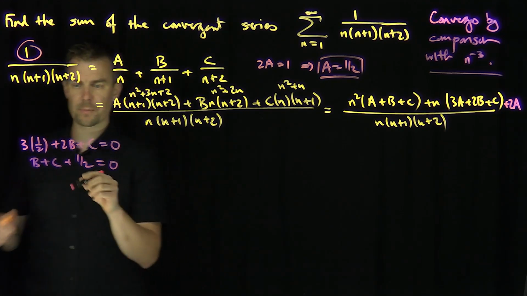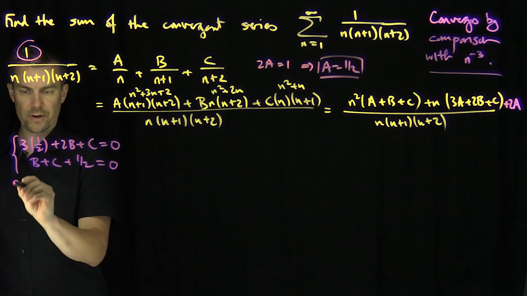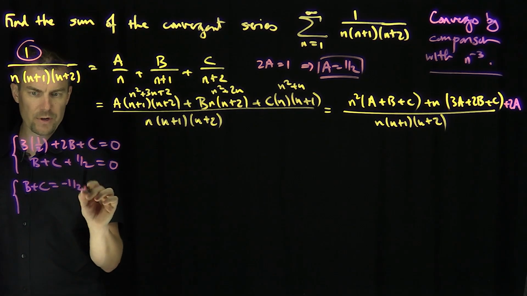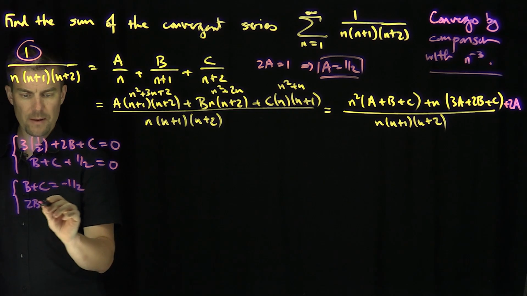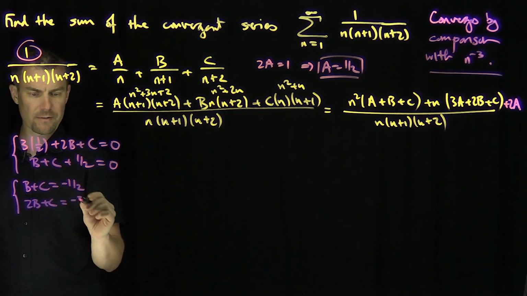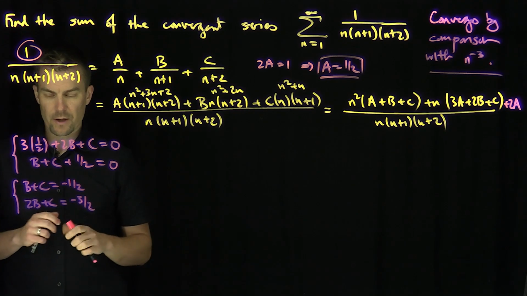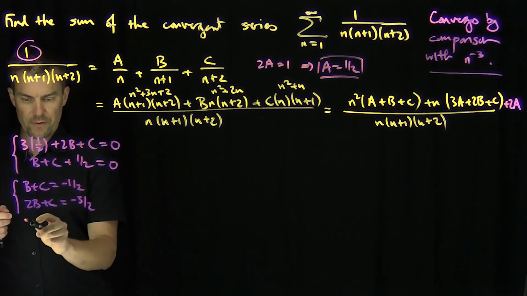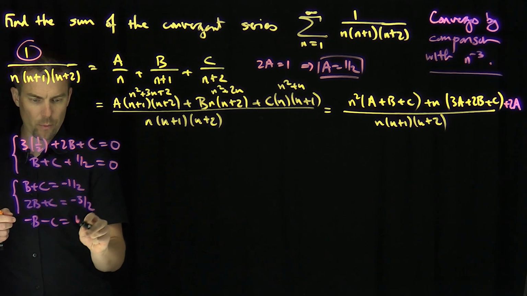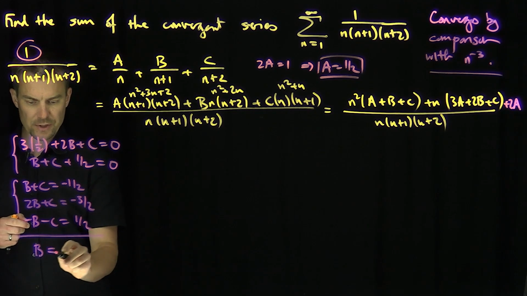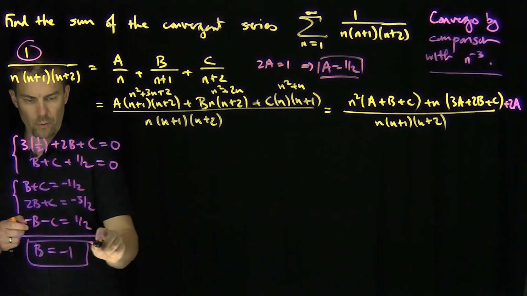These equations simplify to b plus c is equal to -1/2, and 2b plus c is equal to -3/2. Now I can take the negative of this equation: negative b minus c is equal to +1/2. Add these equations together, and I get that b is equal to -1.